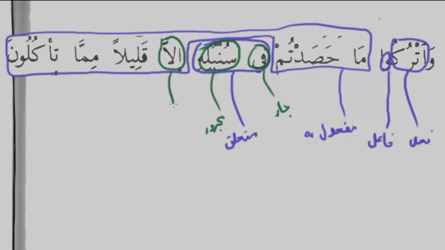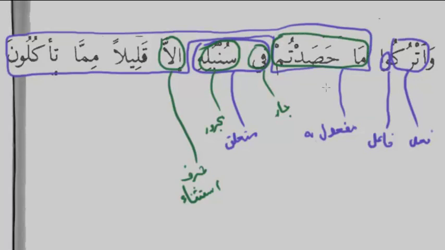Illa is called the harf of istithna. I think we've come across this, and it's gonna come more, inshallah. Harf istithna. What's on the right side of the illa is called mustathna minhu.